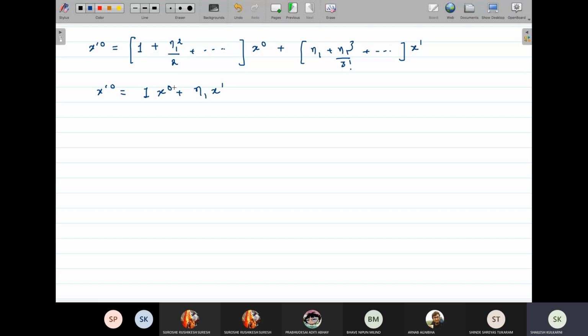So this is the infinitesimal change in x0.